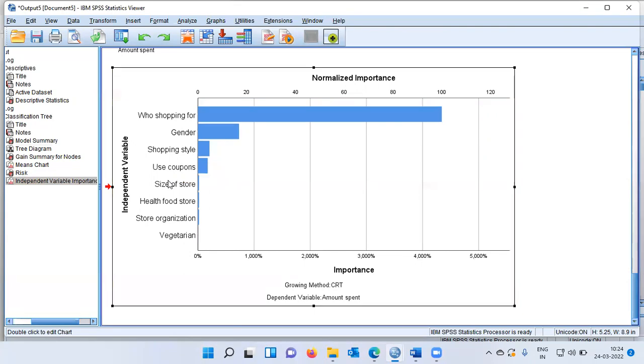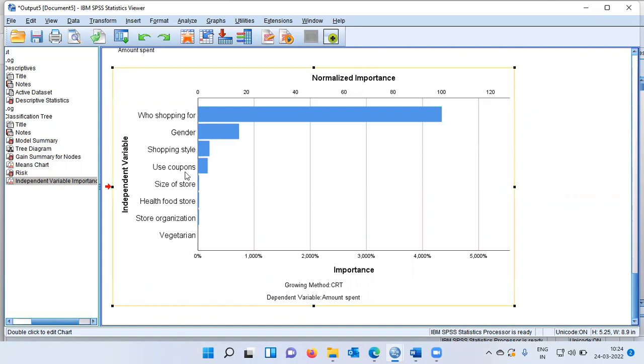So the 3 most important factors which drive profitability would be who are you spending for, what is your gender, and what is the shopping style. Usage of coupons is also important, but it is not as important as the top 3 variables. There are other variables like health food store, store organization, and vegetarian, which are not that important.